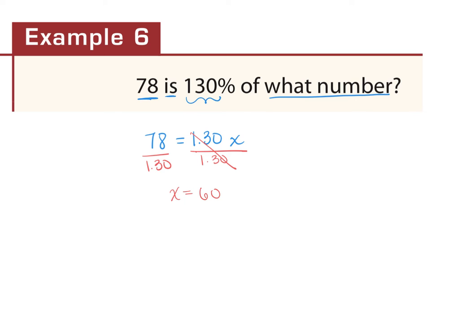If you did this as a ratio, it's always percent over 100 equals, what's after the of? Well, my variable is after the of. So the whole goes on bottom, the part goes on top. And you could do it as a ratio. All right.